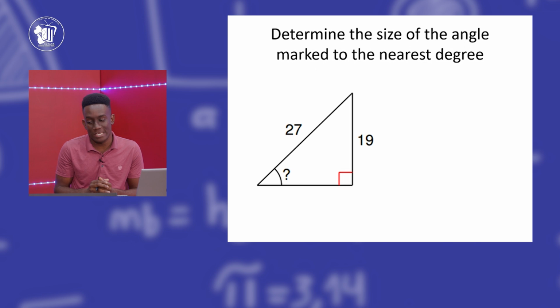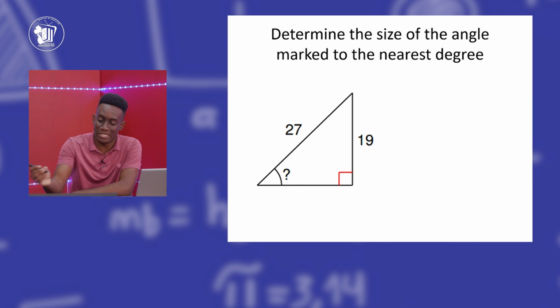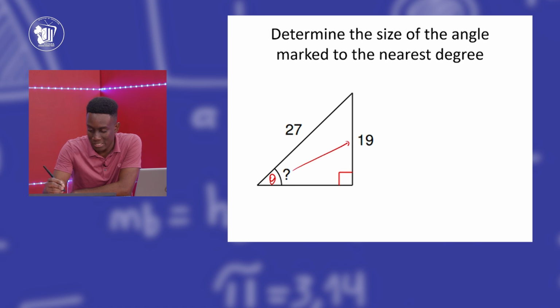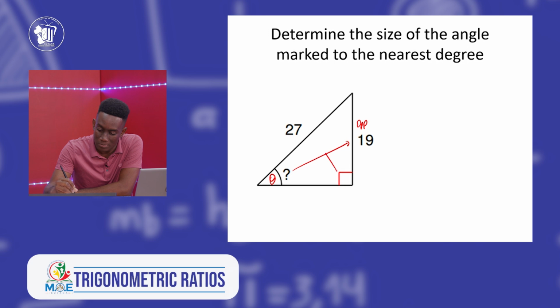Determine the size of the angle marked to the nearest degree. So we want to find this angle to the nearest degree. Let's identify what we are given. This is the angle, so we can call it theta. The side opposite theta would be the opposite, and the side opposite the right angle will be the hypotenuse.